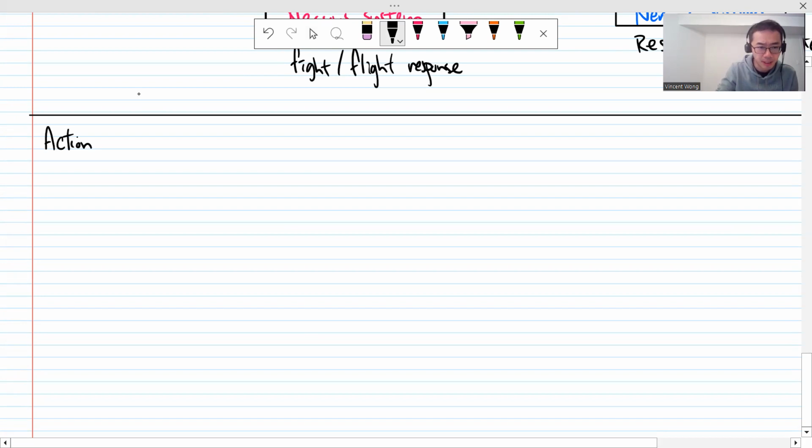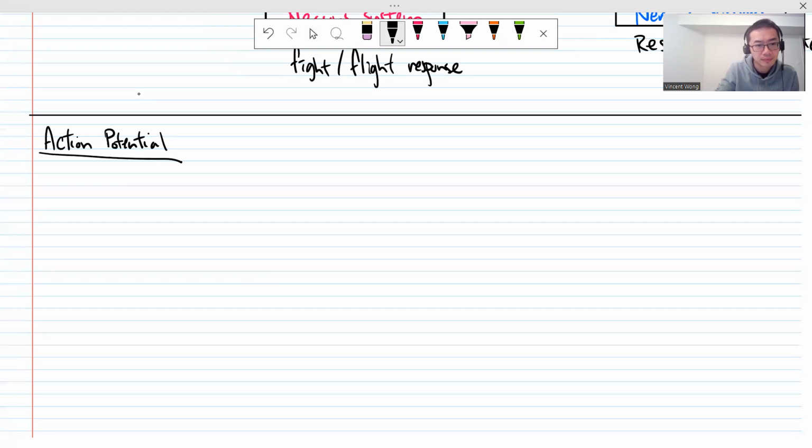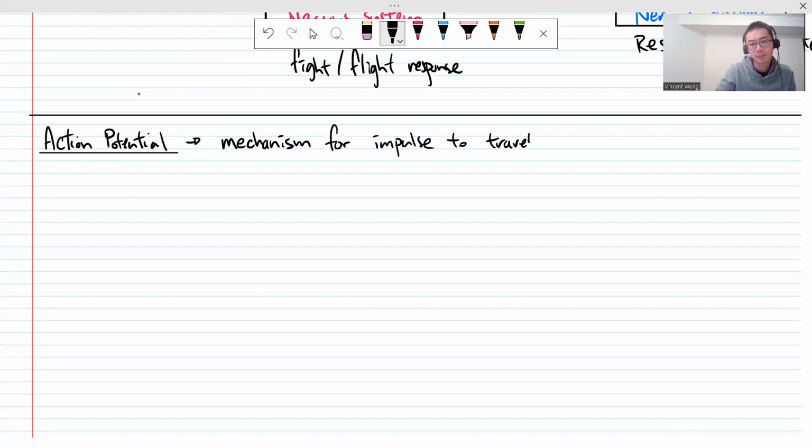Action potential, which is a mechanism or a signal for an impulse, we'll use a proper term for impulse, to travel down an axon.